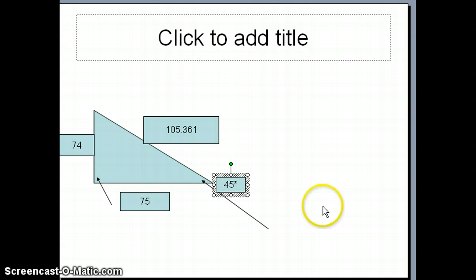Then we do 90 minus 45, and we find that this would be 45. Obviously, since it was rounded, this one would be 44, and this would be a little over 45, so it would satisfy a triangle.